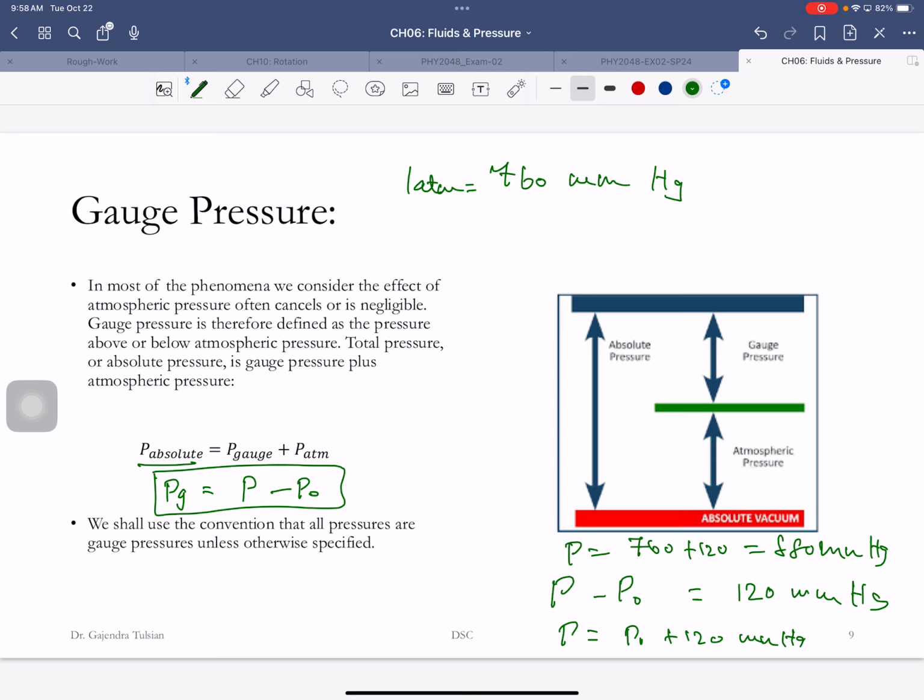That's why you keep higher pressure inside your eyeball, so even if you touch it, it doesn't collapse. So in most situations, all we talk about is the actual pressure minus the atmospheric pressure. The extra pressure is what the gauge pressure is. So again, remember, gauge pressure is absolute pressure minus atmospheric pressure. And so we shall use the convention, all pressures are gauge pressures unless otherwise specified.